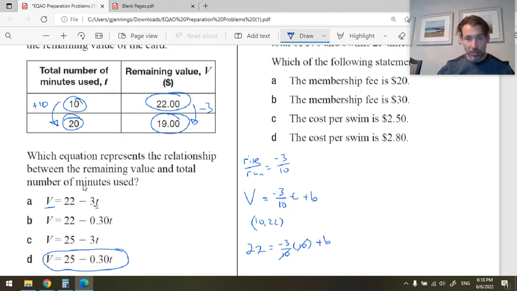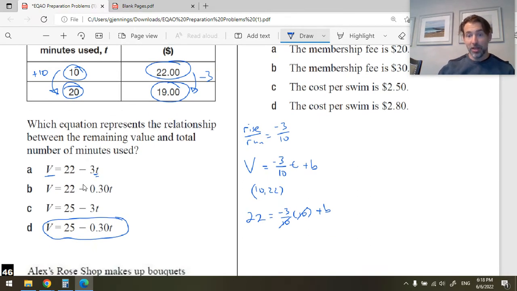Notice 10 cancels 10, and then I have negative 3 plus b equals 22. So b is some value that when I add it to negative 3 makes 22. Well, that's 25. See that by adding 3 to both sides. 25 equals b. So there it is. There's b, and there's negative 3/10.